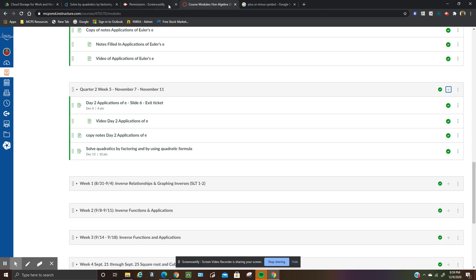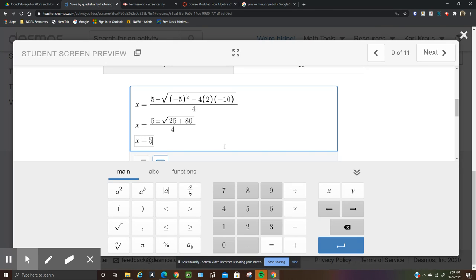5 plus or minus the square root of 105, divided by 4.